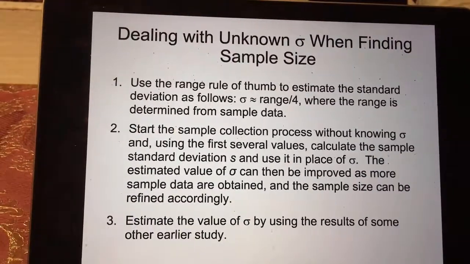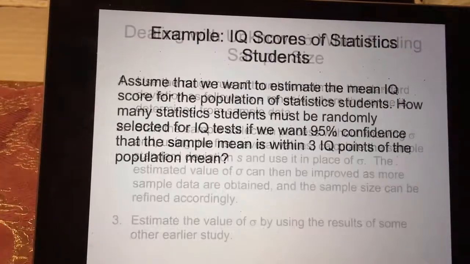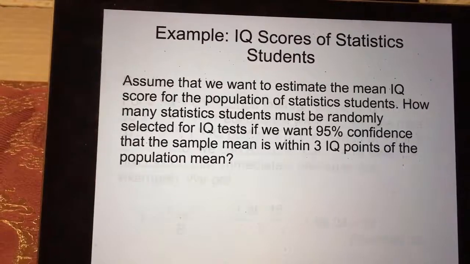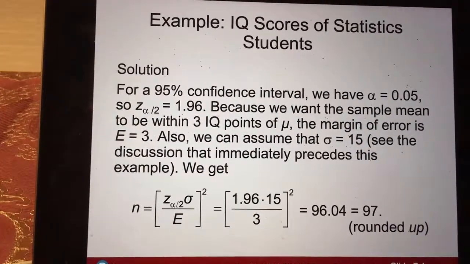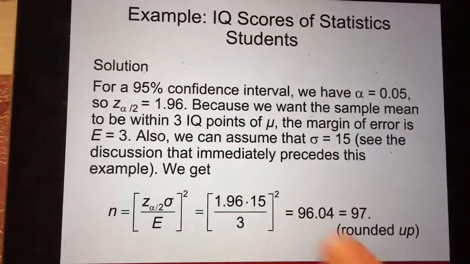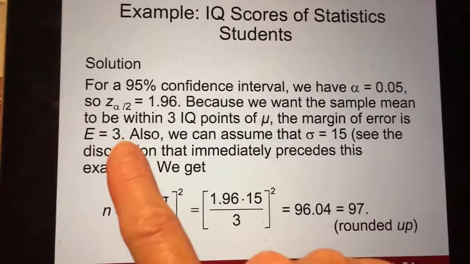Okay, and there they give you one checking it out, finding the IQ scores. This one was from your textbook, I'm pretty sure. And you're just finding the minimum sample size. Now, they're telling you they want an error of 3.